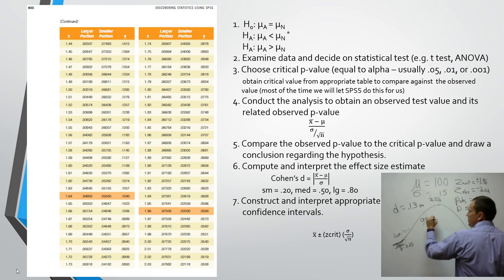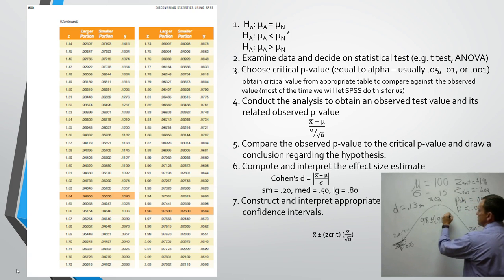So 98 plus or minus 1.96, and we're going to multiply that by our standard deviation for the population over the square root of our sample size. So 15 over the square root of 230, which was the number of participants that we had in our study. So again, it's 98, our mean, plus or minus 1.96 divided by our 15, our standard deviation, over the square root of our sample size.